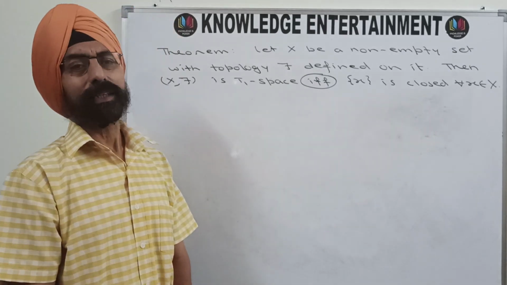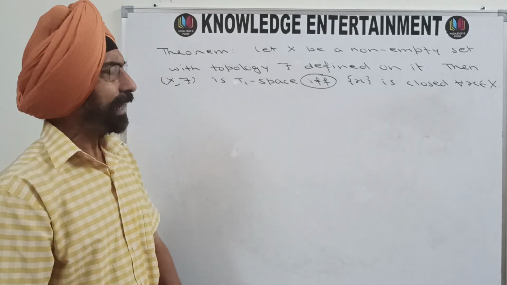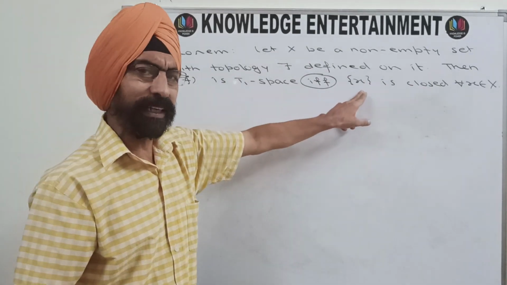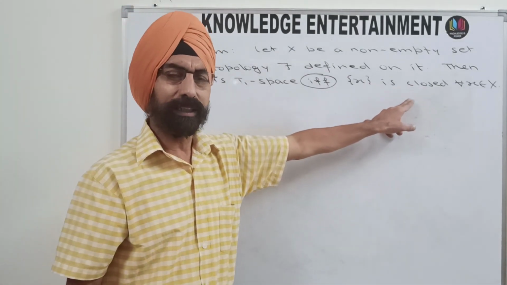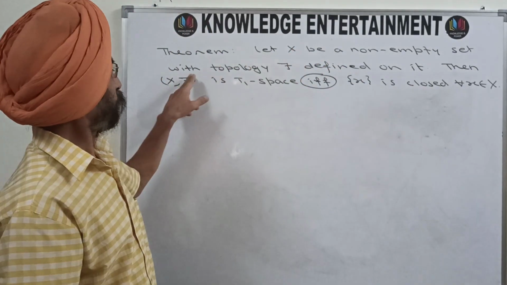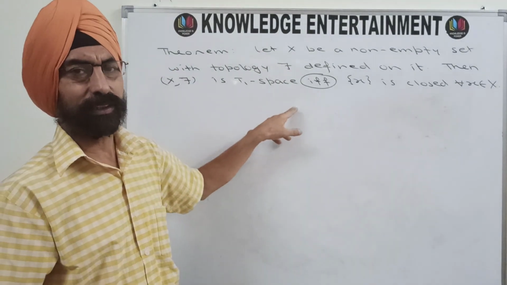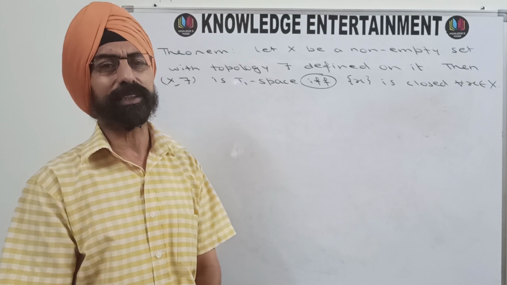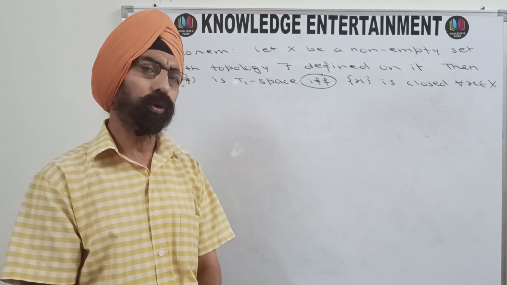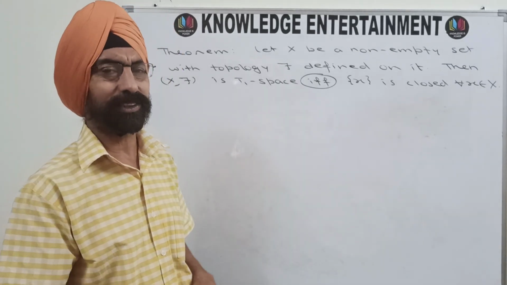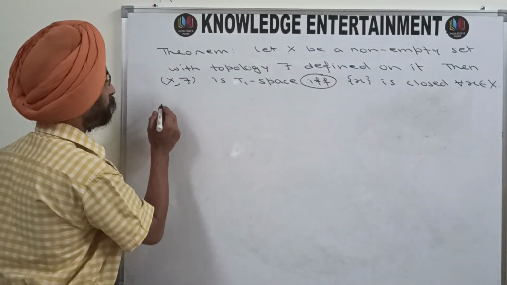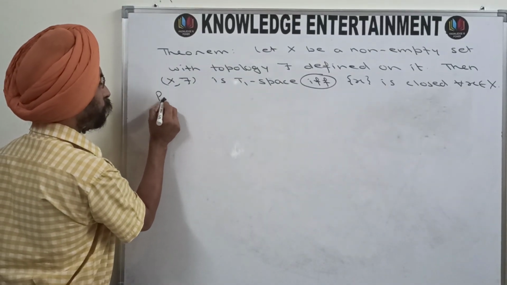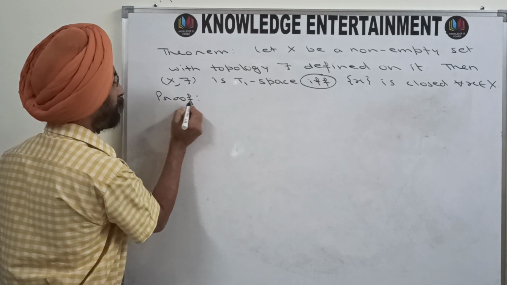That means if in a topological space every singleton set is closed, then the topological space is T1. So we will have to prove straight as well as backward. That means the converse need also be proved in this case. So how to prove? So I am going to start the proof.